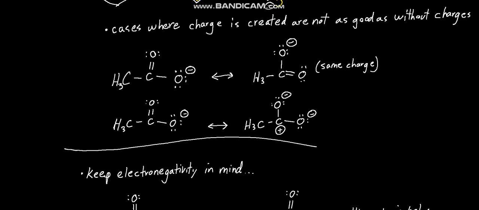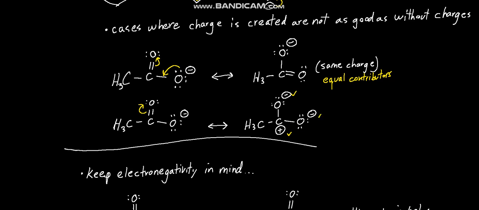The creation of charges is generally not favorable compared to not having charges created. So here we have electron movement like this, which is the classic electron movement in this situation. These look like equal contributors. However, you could legitimately draw a resonance form like this, move these electrons up, creating these charges here and here.